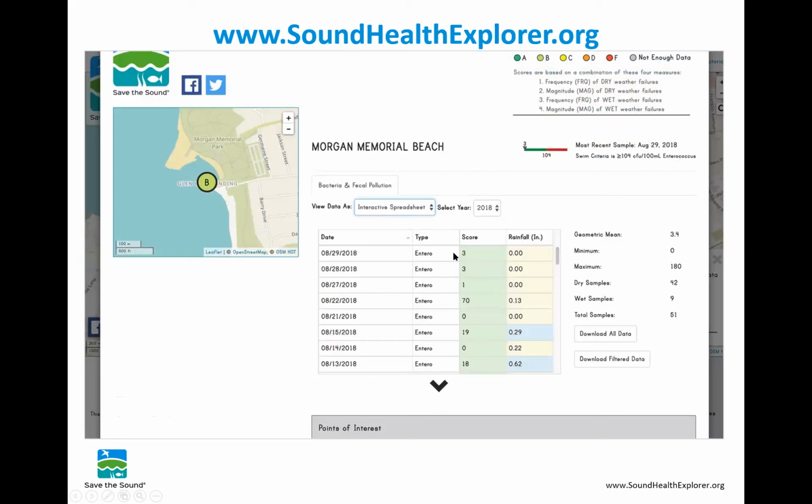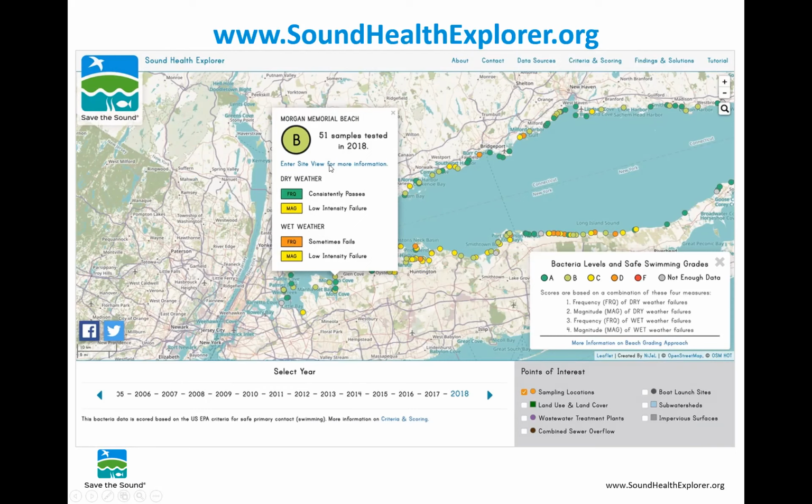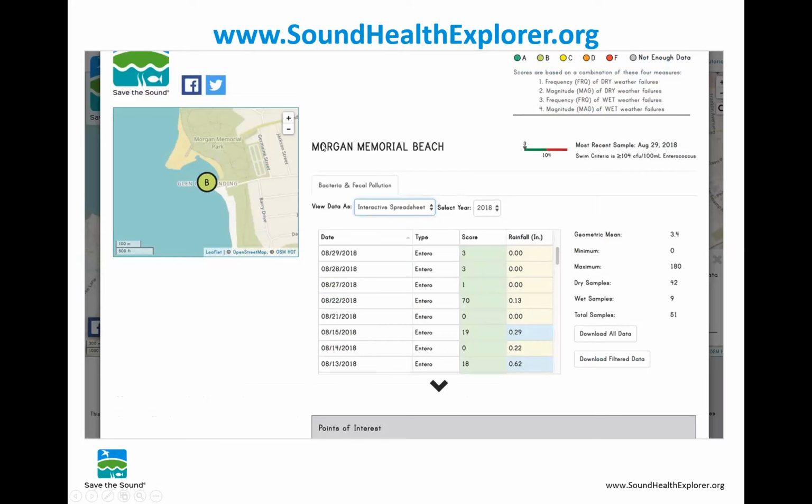And then if you click again on this link where it says enter site view for more information, this is what we call our site view, where we go beach by beach. This is a drop-down menu, and here we're showing you the interactive spreadsheet where you can go in and see every single day that a sample was collected, what the score was. And remember, again, 104 is our cut point. What was the score? And then we show how much rain fell during the 48 hours before that sample was collected.